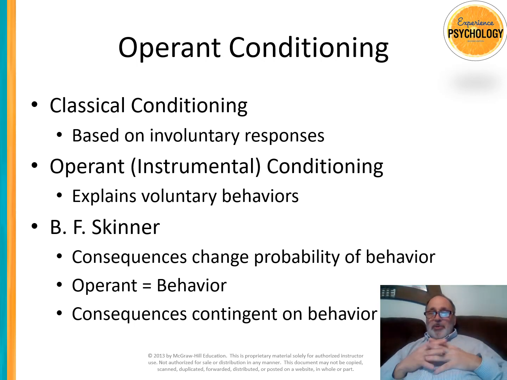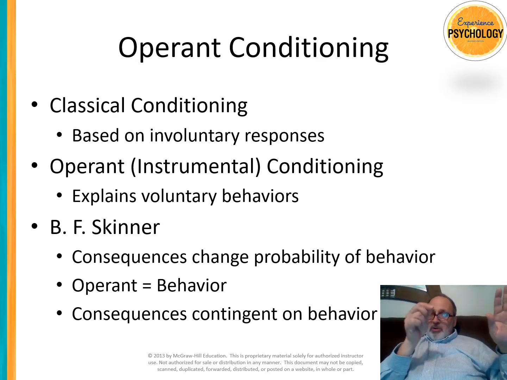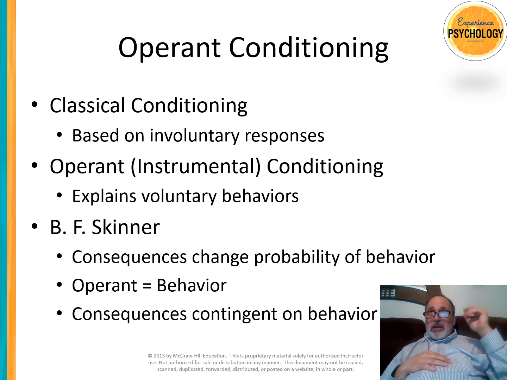So, for example, in classical conditioning, what we have is a reflex. So the response is happening last. Somebody gets stuck with a pen and they jump. Someone gets a little puff of air in their eye, they blink. That's a reflex.